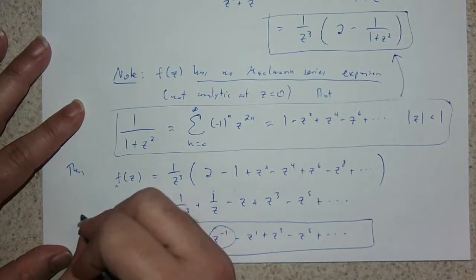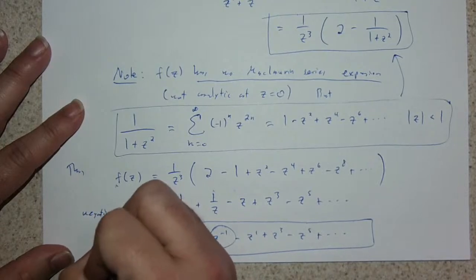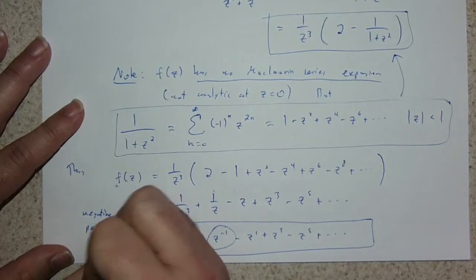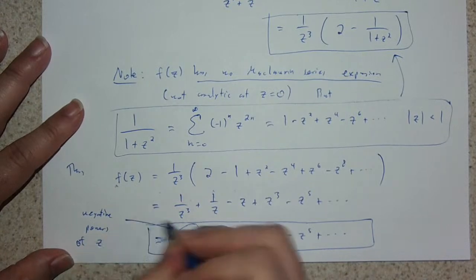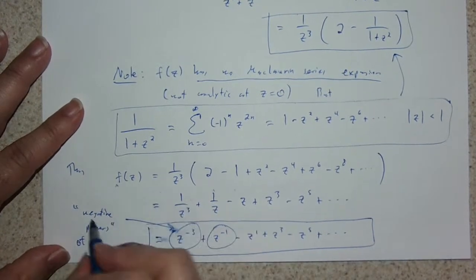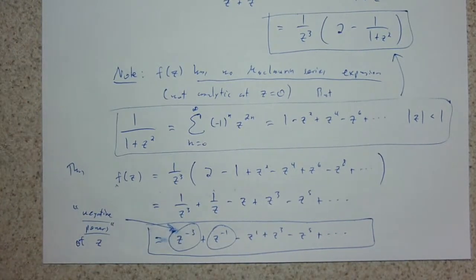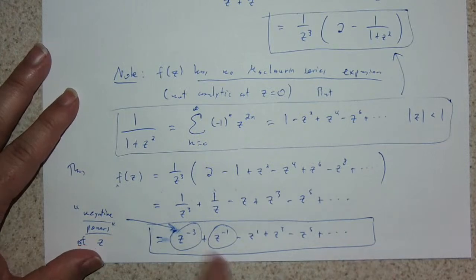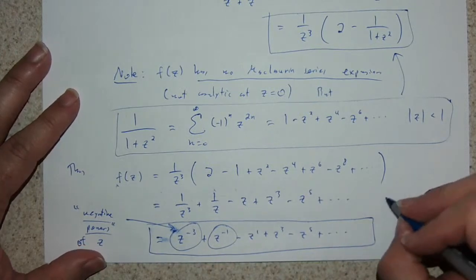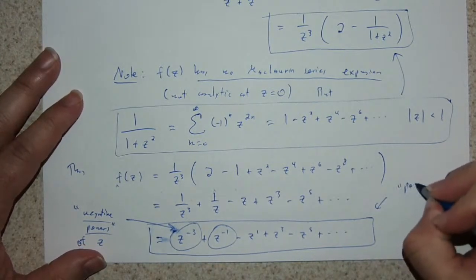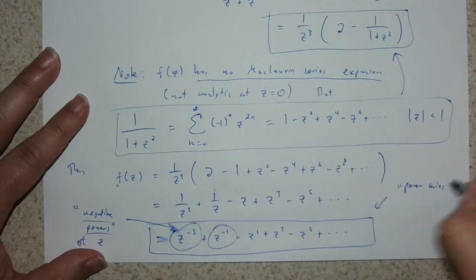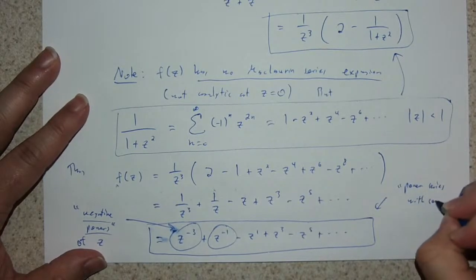So I have negative powers here of z. So it's like a power series, except there are some negative powers here. So this is a power series with some negative powers.